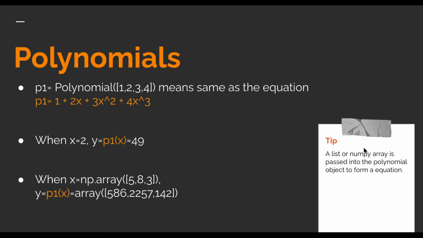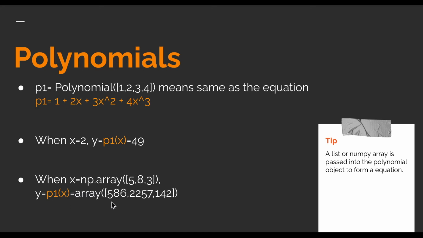Another thing that we can pass to get the corresponding values of y is an array. We can pass an array if we want to know more than one value of y. So for example, if we want the corresponding values of y when x equals 5, 8, and 3, we can just put these three values into a numpy array, name it x, and then pass x into the original polynomial.